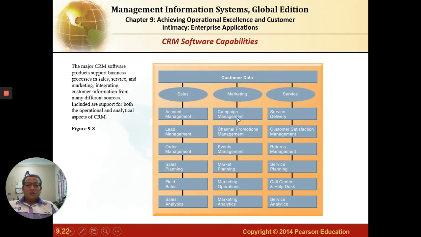For example, promotion, if there are events for customers to join, and also market operation, and some include the analytics. Customer data also comes from the sales department, which is where the sales are made. The customer is purchasing the product, including what kind of field sales they need, and they also analyze customer sales from the CRM software.